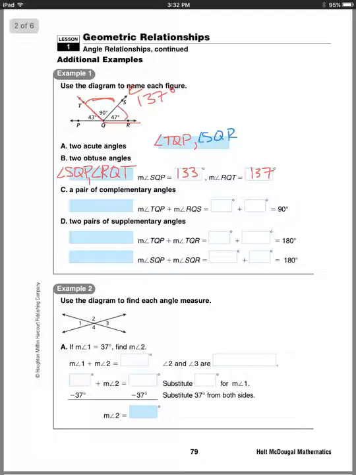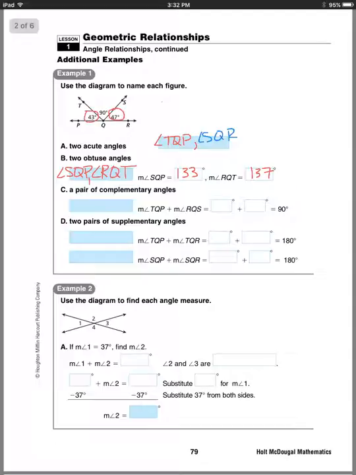Now we're going to look at complementary angles. Complementary angles are a pair of angles that measure 90 degrees exactly. It's not the 90 degree angle because it's a pair, and a pair means two. So we have to find two angles that measure to 90 degrees. They do not have to be adjacent, they can be separate. So 47 and 43.